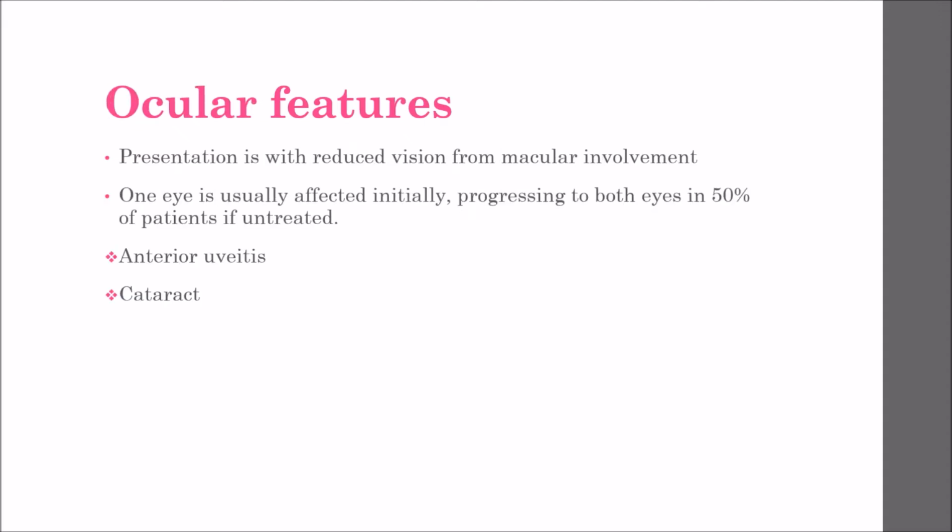Our area of interest is the ocular involvement, and in clinics, patients usually present with complaints of reduced visual acuity, which happens because of macular involvement, or with floaters from retinitis. One eye is usually affected initially, progressing to both eyes in 50% of patients if left untreated.